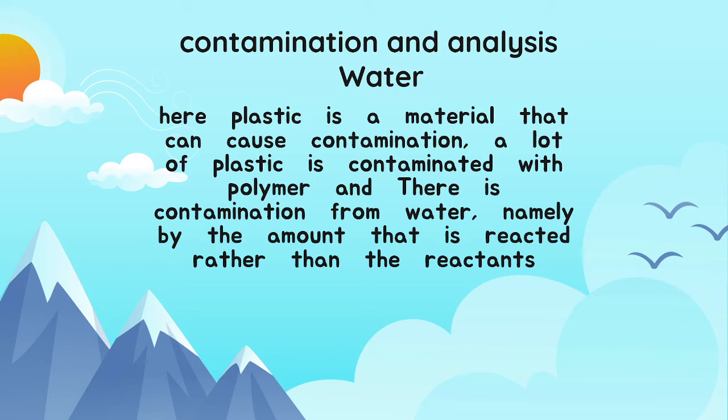Here, plastic is a material that can cause contamination. A lot of plastic is contaminated with polymer, and there is contamination from water, namely by the amount that is reacted rather than the reactant.